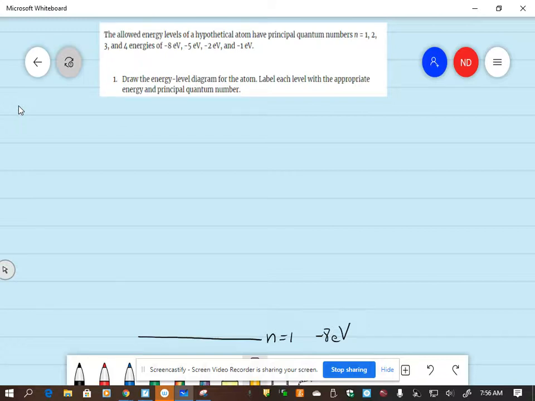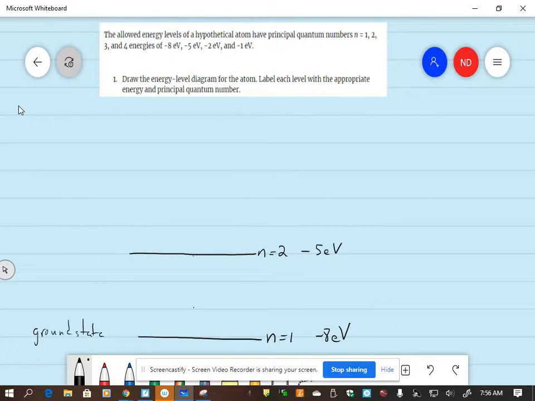What you should remember from chemistry, n equals 1, that's the ground state. So I'm putting that down here. This is the ground state. That's n equals 1. Then n equals 2 would have a level of -5 electron volts.